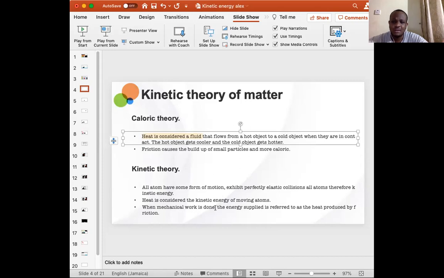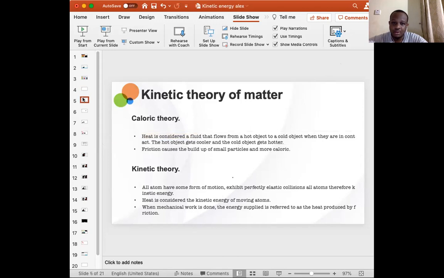So if it's a fluid, it's suggesting that the hot object, when in contact with a colder object, will lose mass, and the cold object will gain mass as a fluid. And we can know from any form of experiment that this is not true.